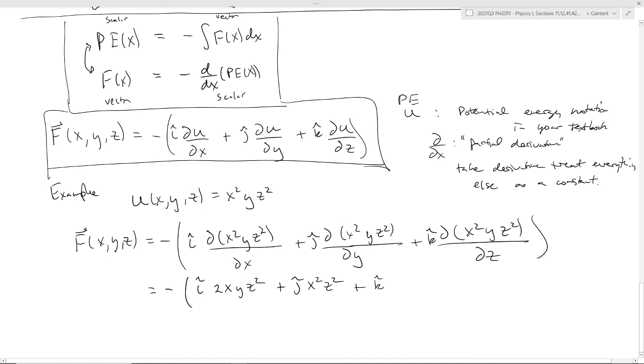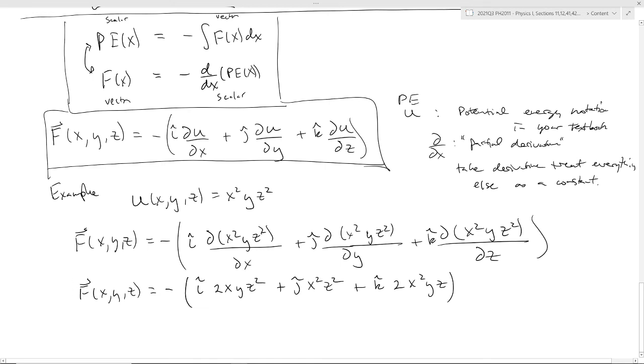And the derivative with respect to z, we get a factor of 2 from the z squared, so it would be 2x squared y z. And so that would give us the force. That's an expression for the force, derived from the potential energy function.